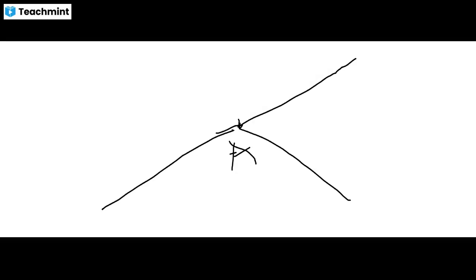Consider a node or junction A as shown in the figure. At this junction, different currents may enter or leave. For example, I have chosen a node A where I am selecting 5 currents.